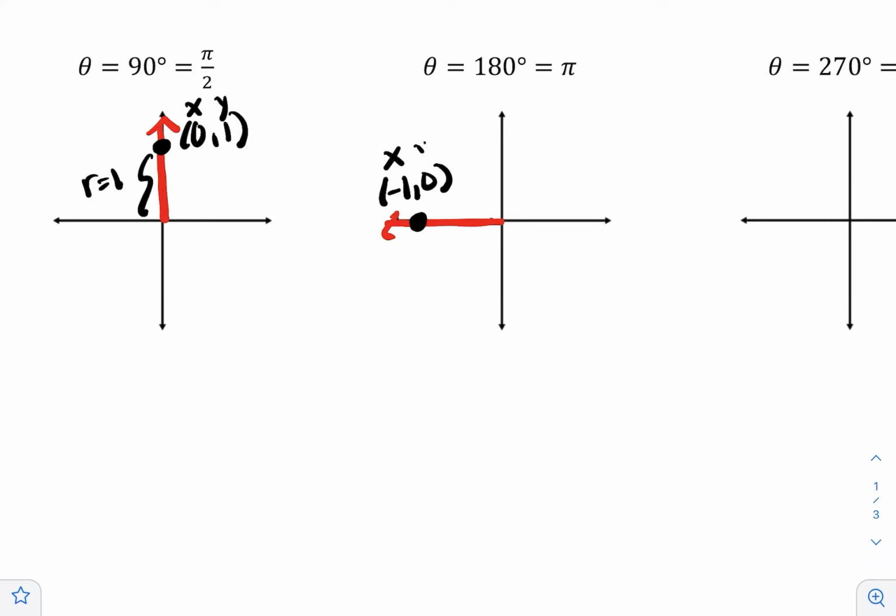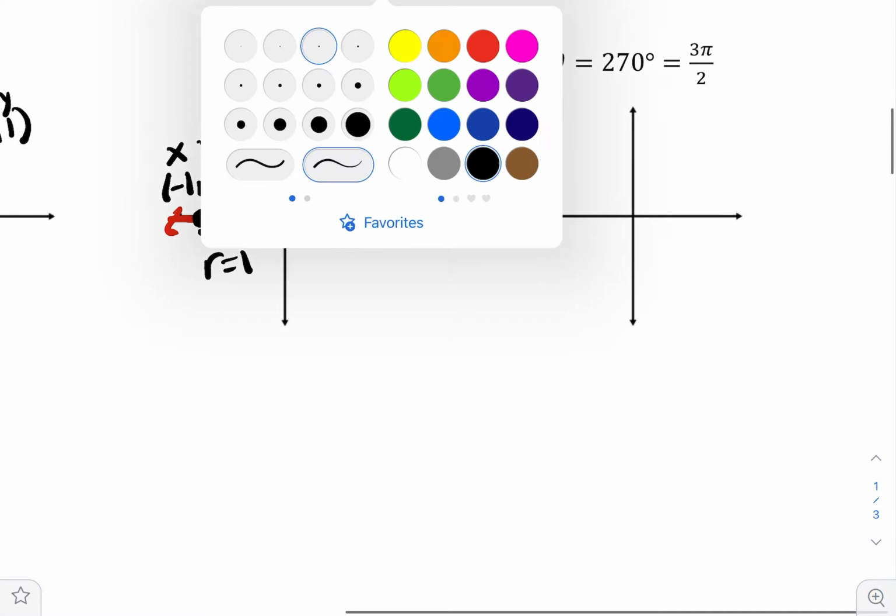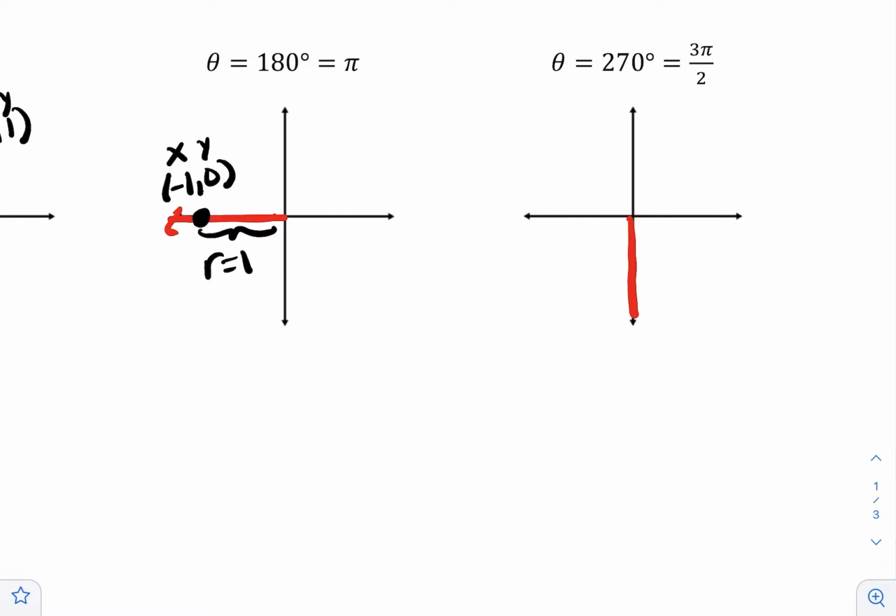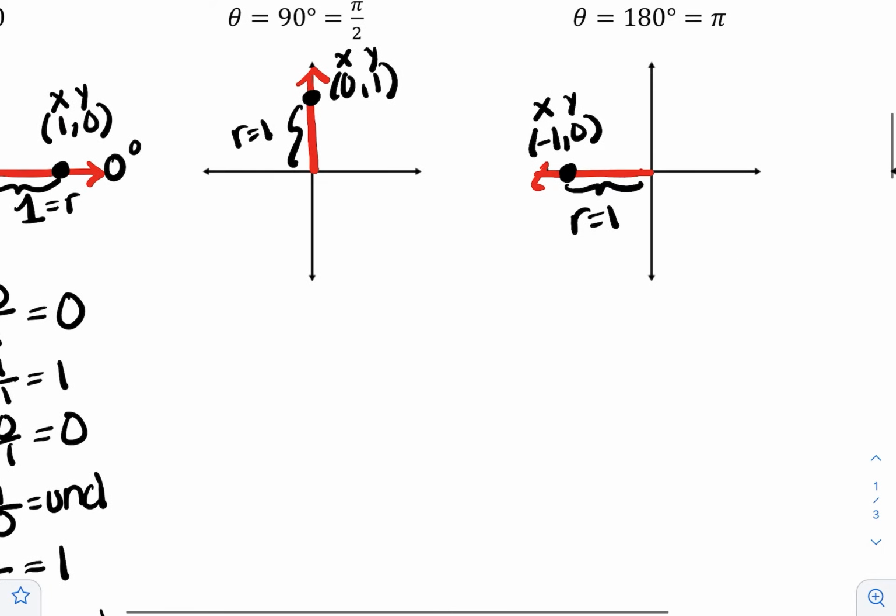So this is x, this is y, and r will be 1. And then when I go to 270, I'm going to go down and pick my point. This is going to be 0, negative 1, so r will still be 1. And this is x, and this is y. So then we can fill them in.